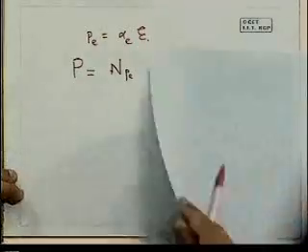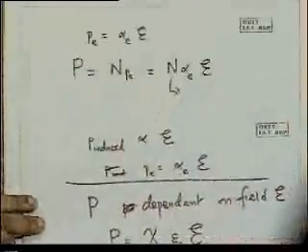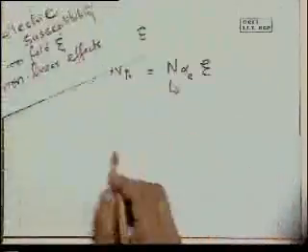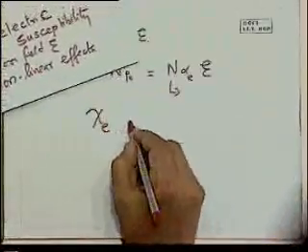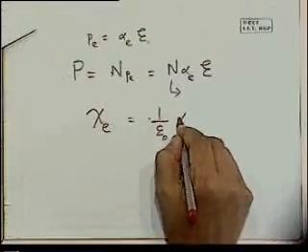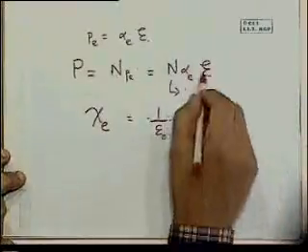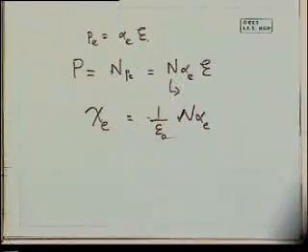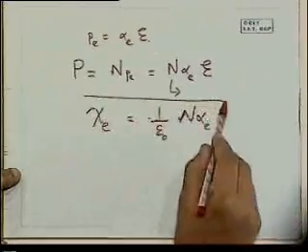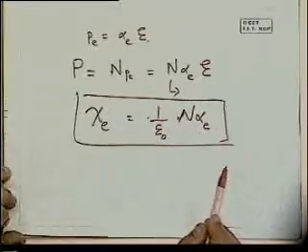Comparing this equation with this equation, we can then write that chi E is equal to 1 by epsilon naught, n alpha E. So we have an expression that relates electric susceptibility to the electronic polarizability.